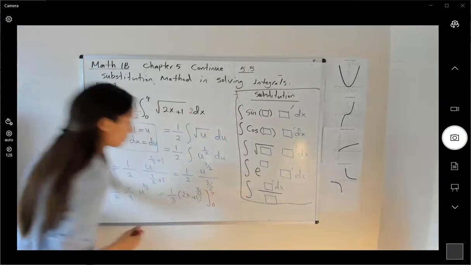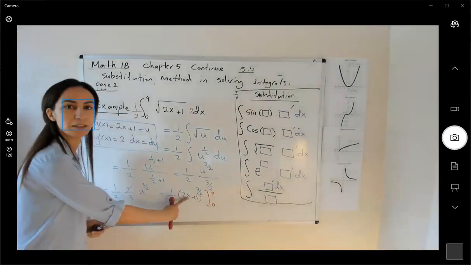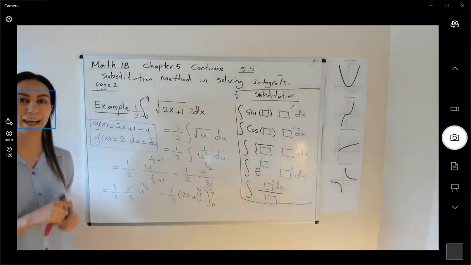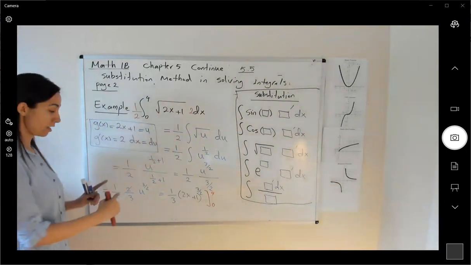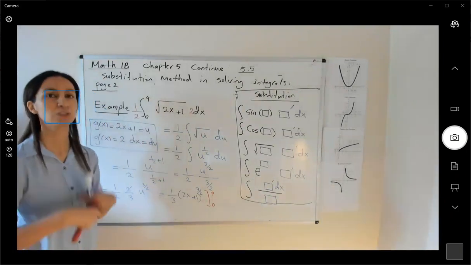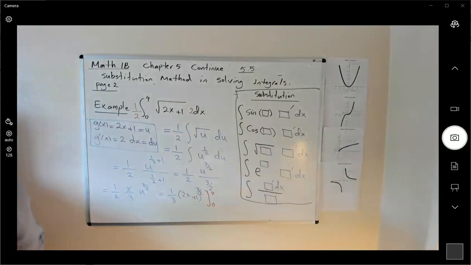It must be in variable x, so you can use lower limit and upper limit for x. If it's u, you're not allowed to use 0 and 4. You have to change those. Very well.